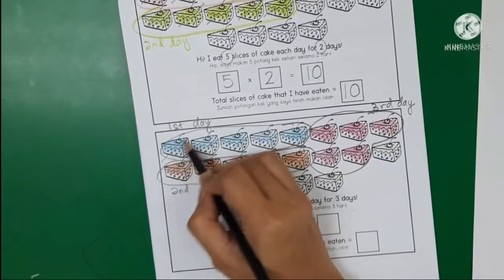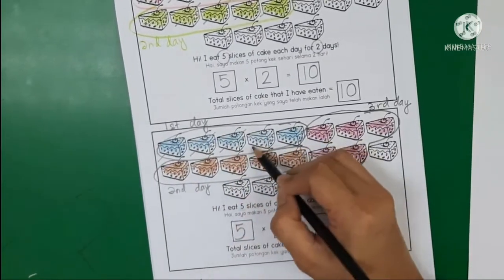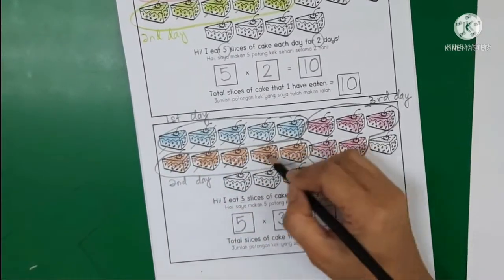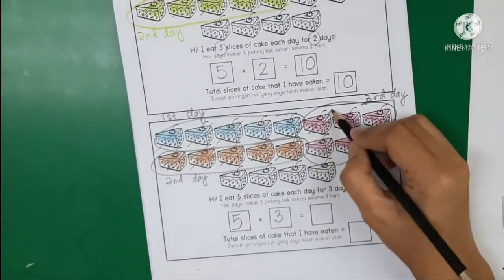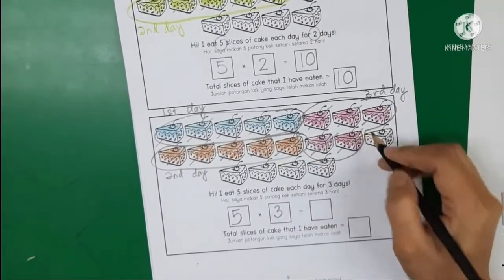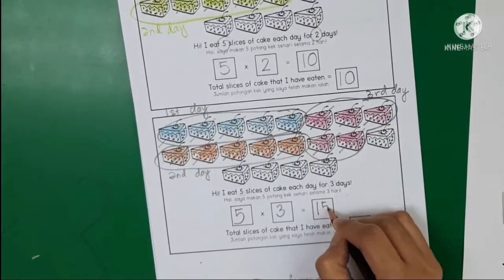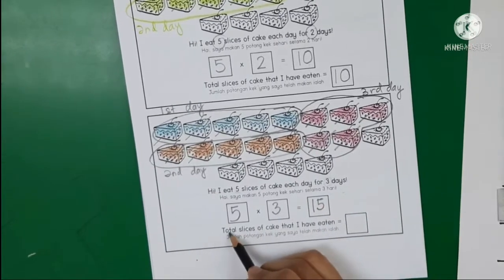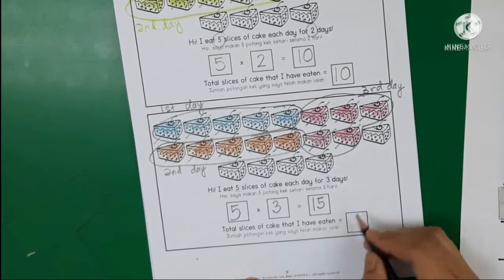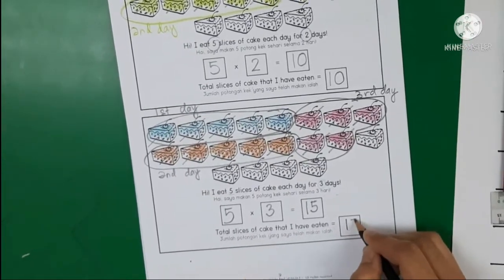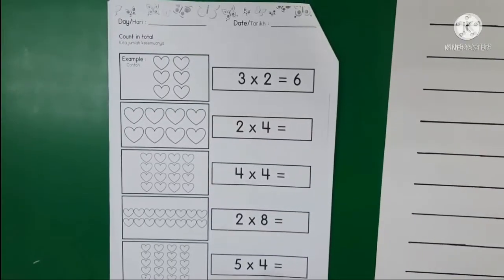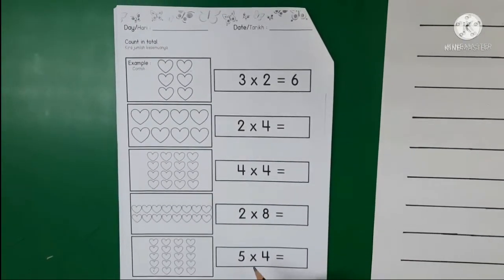Count with me. 1, 2, 3, 4, 5, 6, 7, 8, 9, 10, 11, 12, 13, 14, 15. So all together, the total slices of cake that I had eaten equals 15. Good job.